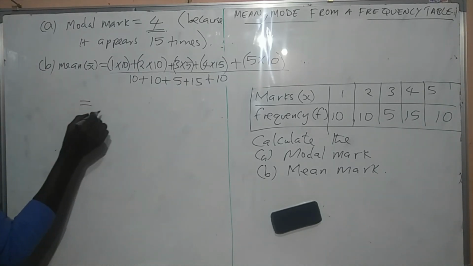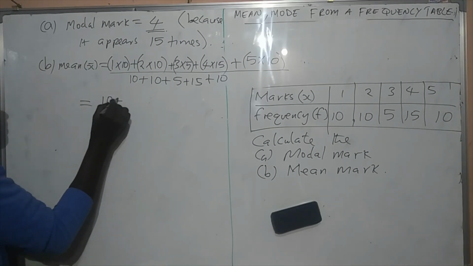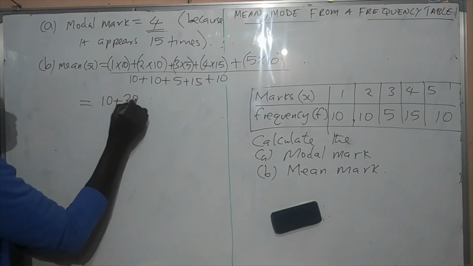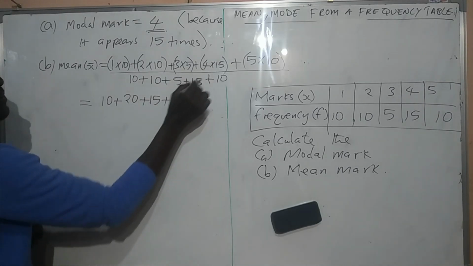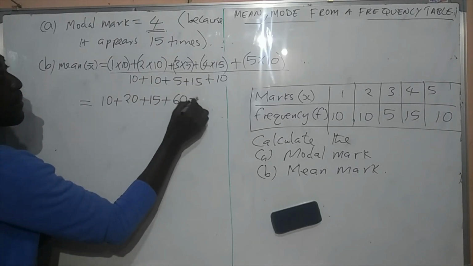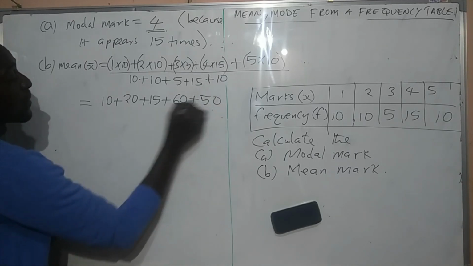So this is equal to 1 times 10 is 10, plus 2 times 10 is 20, plus 3 times 5 is 15, plus 4 times 15 is 60, plus 5 times 10 is 50.